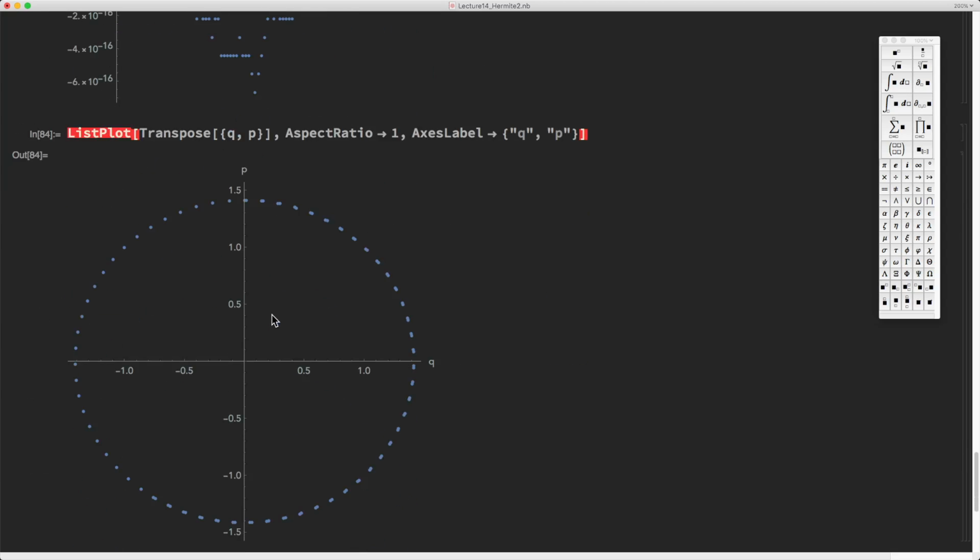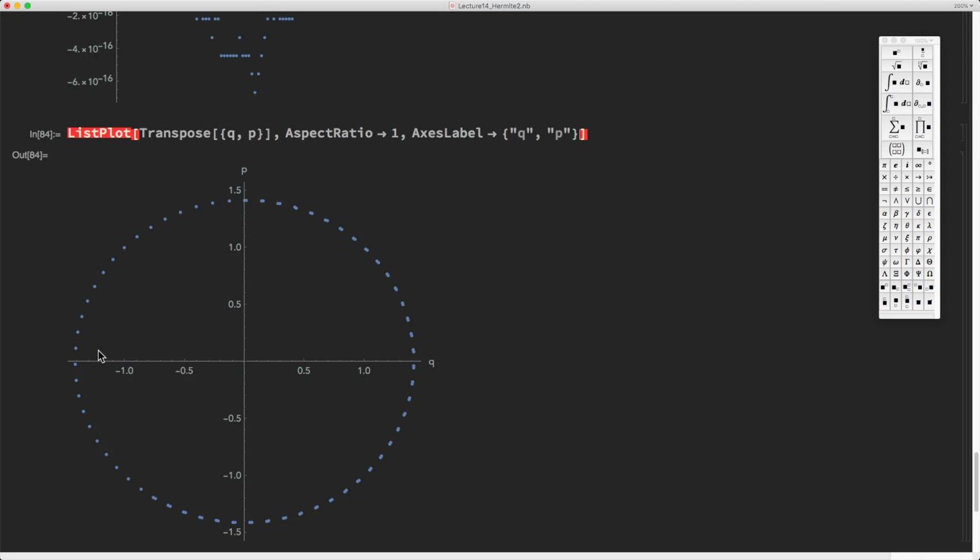You can consider other schemes that are explicit, like the Verlet method. And in that case, you would get an oval shape here where the energy is not conserved, but the area is conserved. And this circle is squeezed into an ellipse, either along this direction or along this direction.